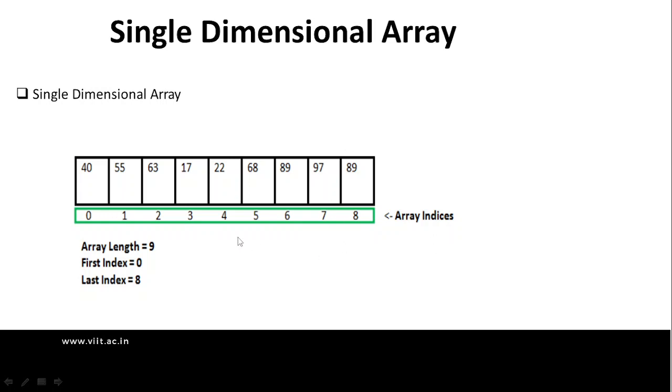For example, the array length here is 9, the first index is 0 and the last index is 8. Say, what is the value of the array at index 4? Index 4 value is 22.